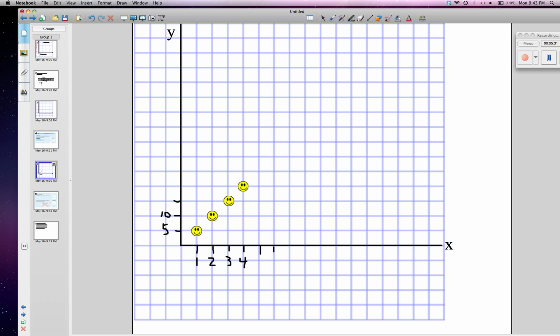5, 10, and so on and so on. You need to completely fill out the y-axis and the x-axis, and then we need to put in some fabulous coordinate points.